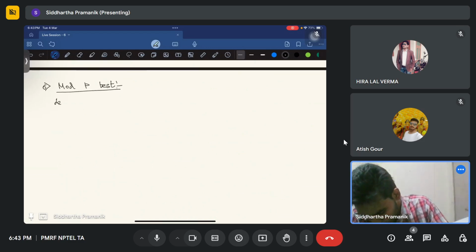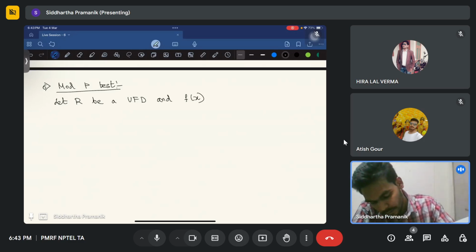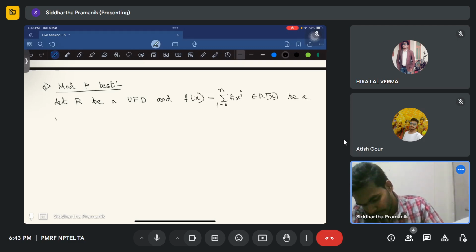Let R be a UFD and let f(x) = summation f_i x^i, i = 0 to n, belonging to R[x], be a polynomial. Here we have no condition on the polynomial.